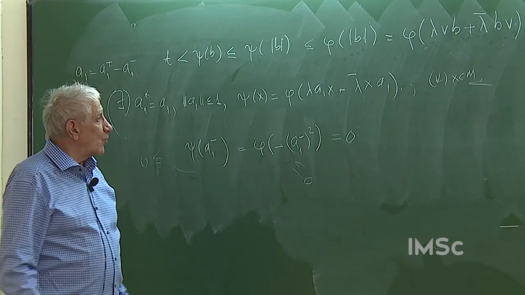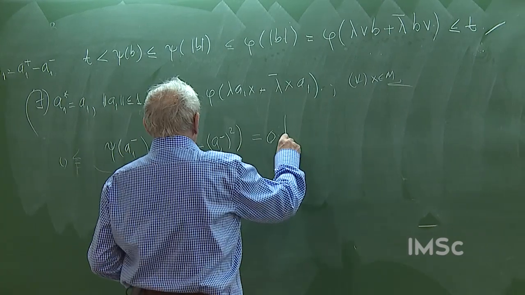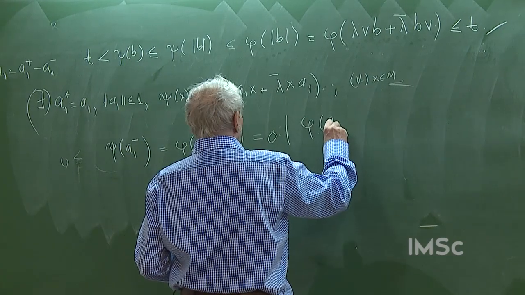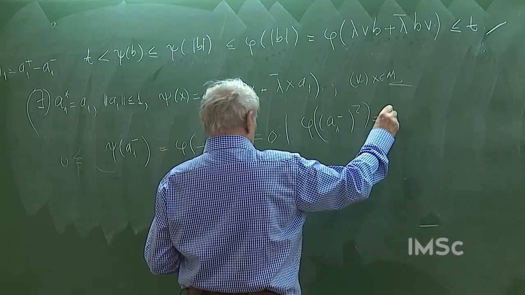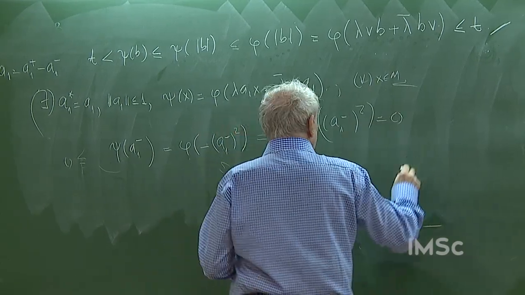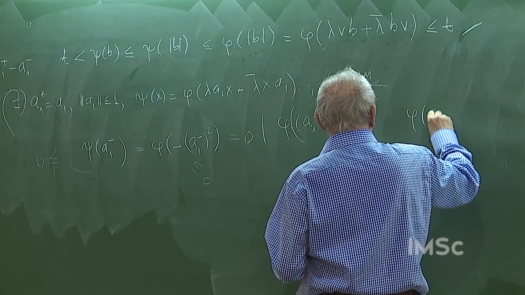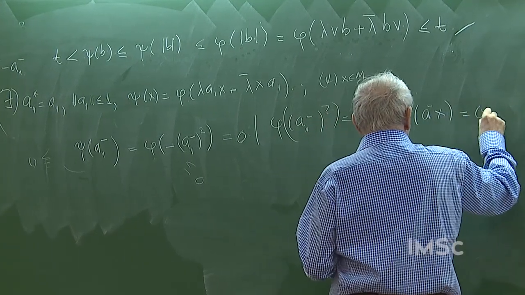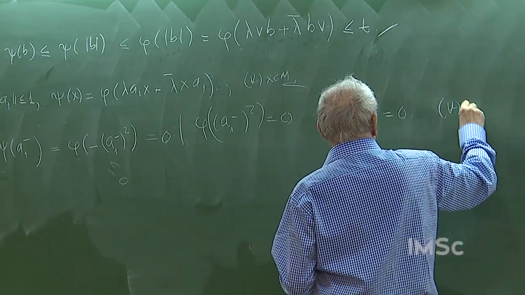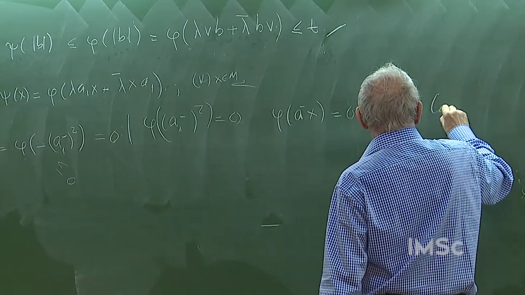So while we have phi of A1 minus squared equal to 0, we get that phi of A1 minus x is equal to 0 for every x. This is by Cauchy-Schwarz.